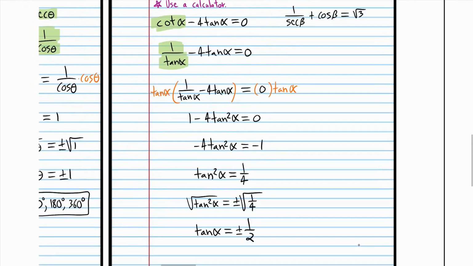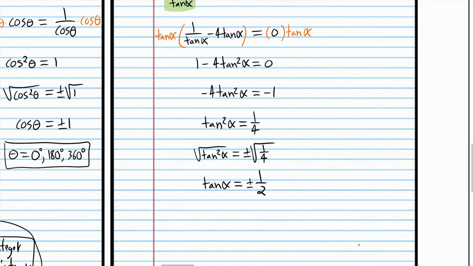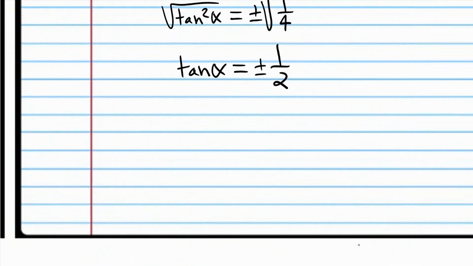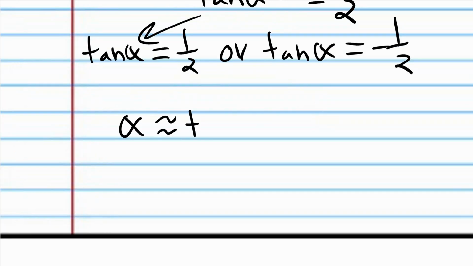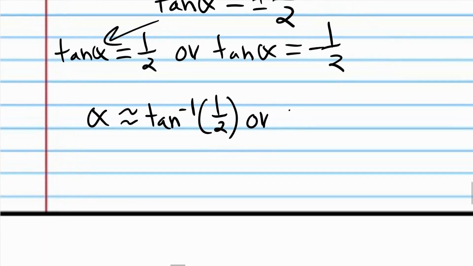Now this kind of looks familiar, but tangent, when it's equal to 1/2, this is actually going to be a calculator problem. So you were given that hint up here, use a calculator. So tangent alpha is going to be positive 1/2 or negative 1/2. And we need to use the calculator. So alpha is equal to tangent inverse 1/2. That's how you say that, tangent inverse.